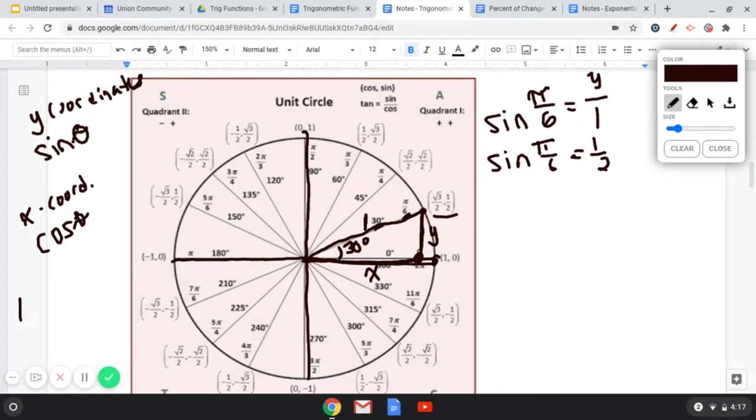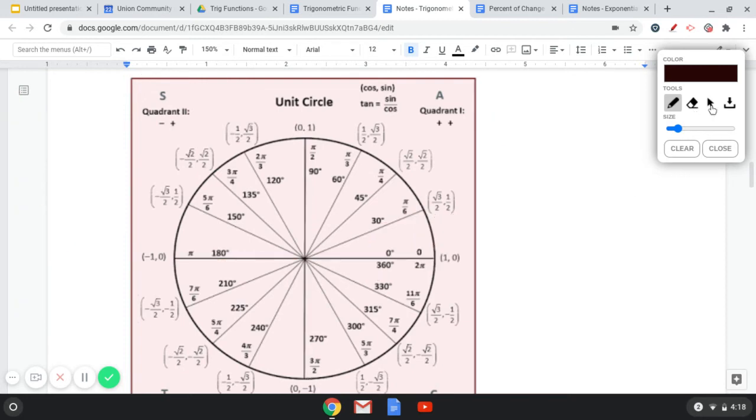And then keep in mind that tangent is sine over cosine. So these are all key things that'll help you read this chart and get us some exact values of the different trig functions at certain angles. I have a bunch of examples down below, I believe. So let's go through them.